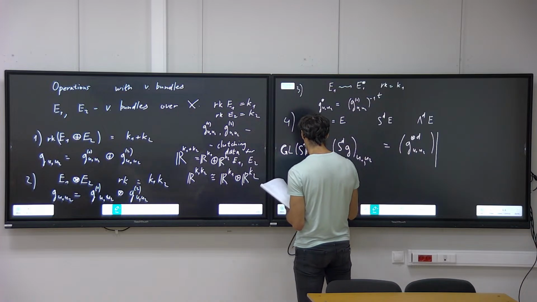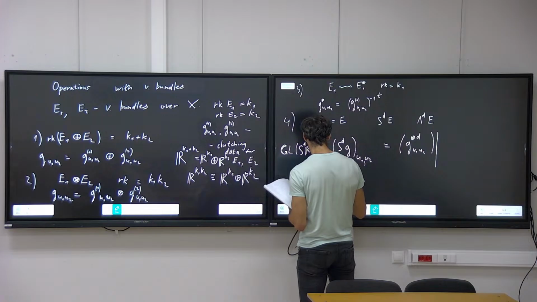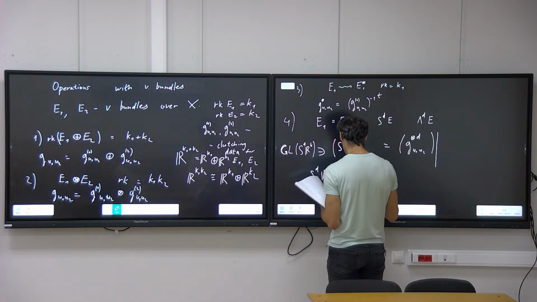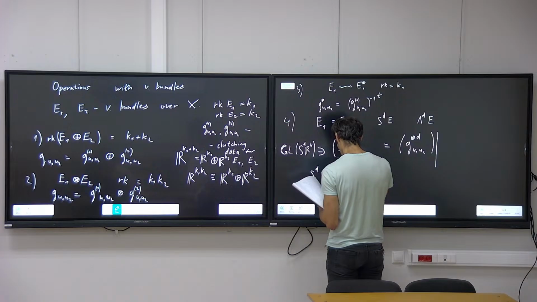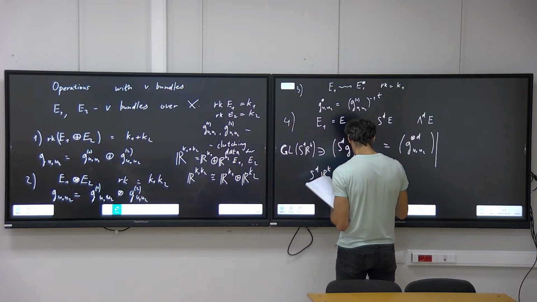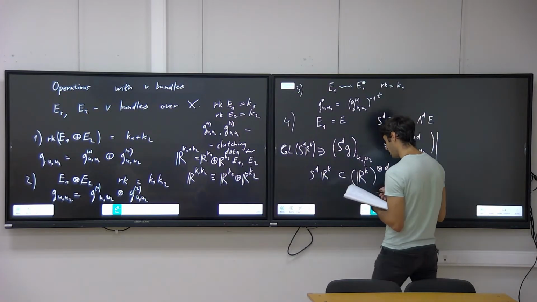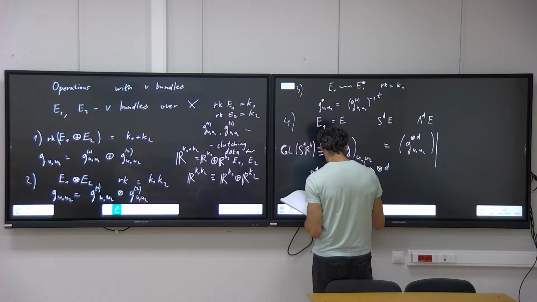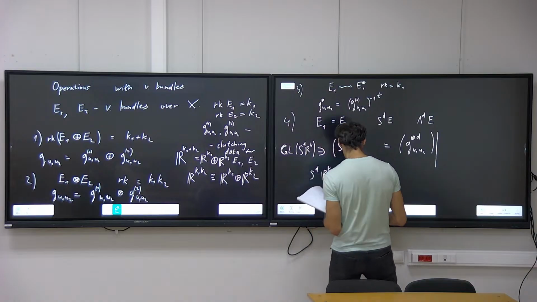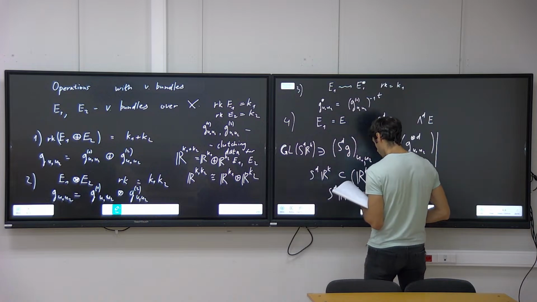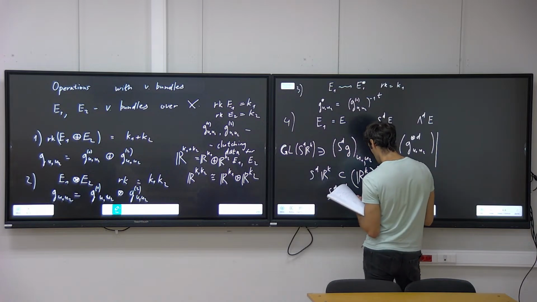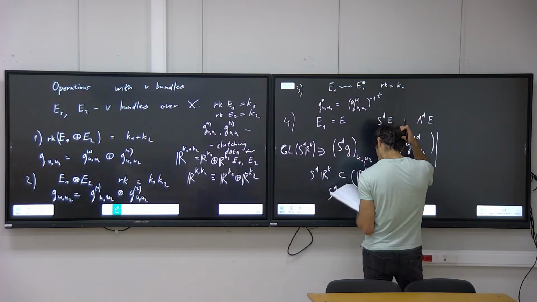Okay. So what is S^D R^k? I think of this as a subspace inside R^k tensored with itself D times, and these are all symmetrizations, so to say, of elements from here. What it means is just a linear span.